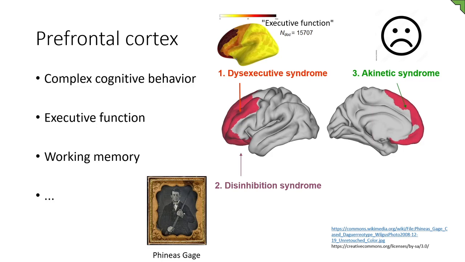And the most well-known patient was Phineas Gage, a very early patient who had a lesion caused by a big metal piece that in an accident lesioned his orbitofrontal cortex.